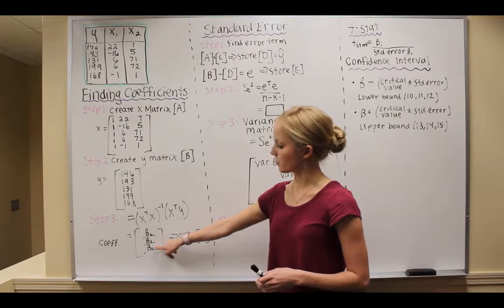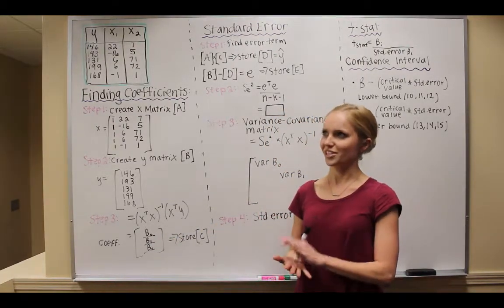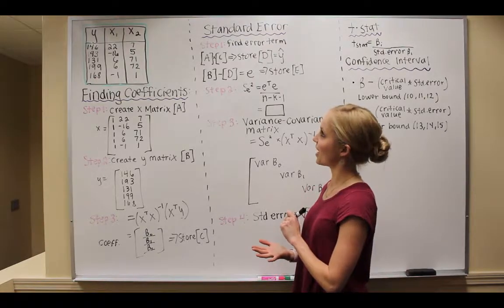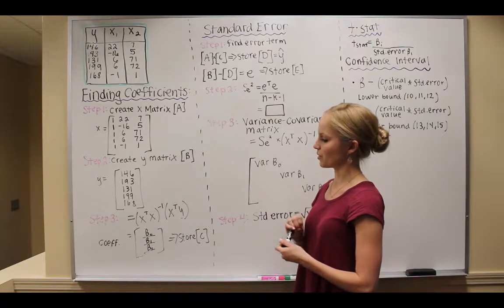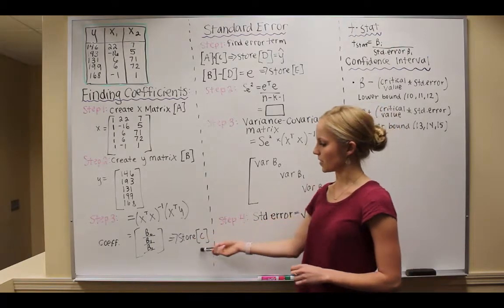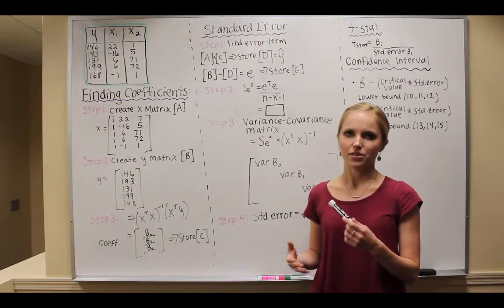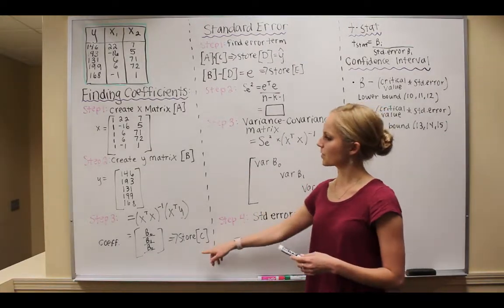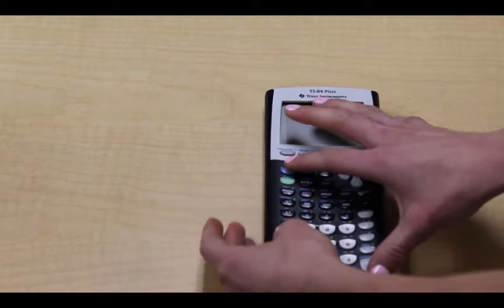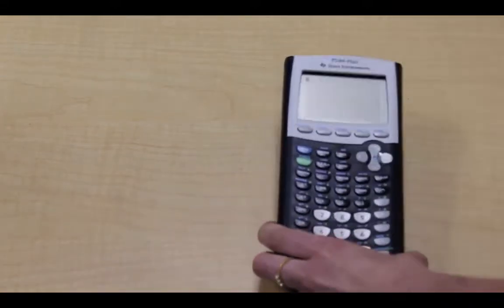And your third one will be your coefficient for your x2 value, or beta 2. What I would do then is store these values into your matrix C, because you'll likely need them to do future calculations.